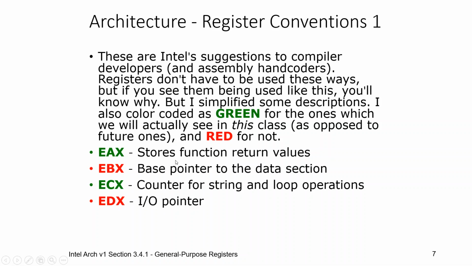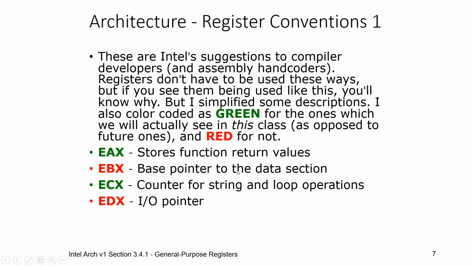EAX stores function return values. It is also used for addition of numbers. EBX is the base register to the data section. This base register is also used for accessing arrays.